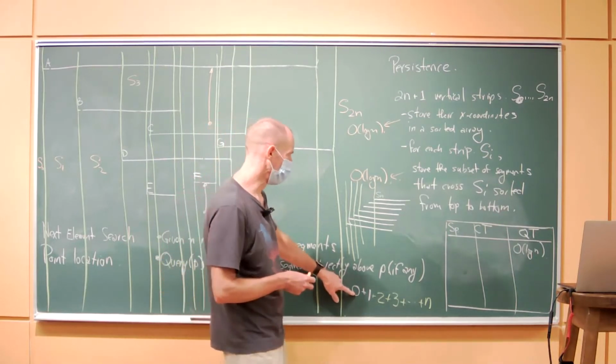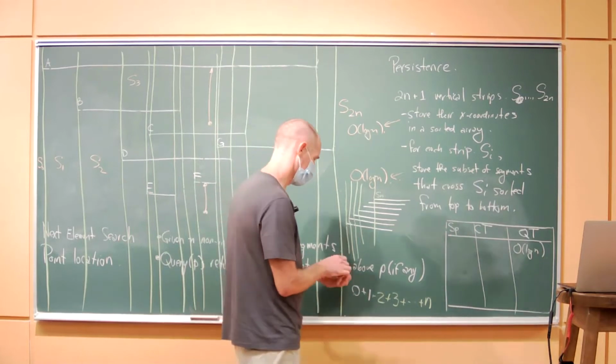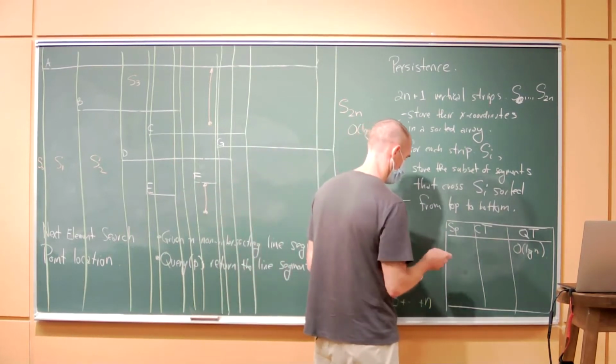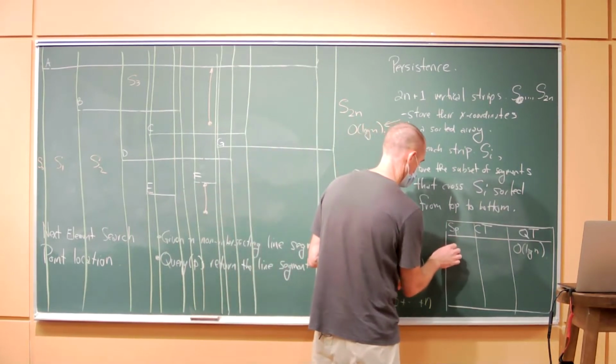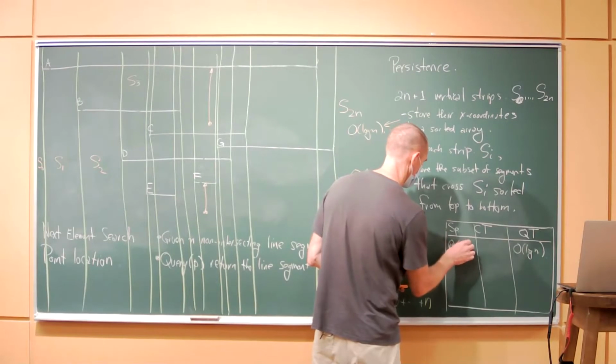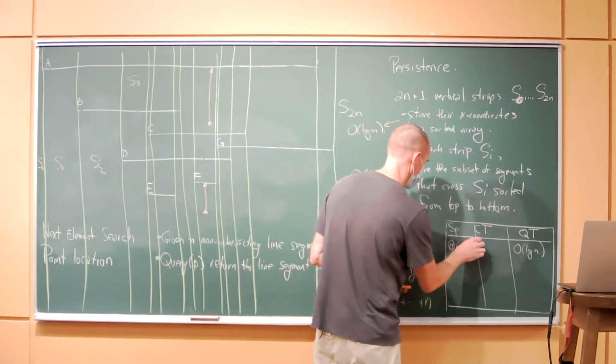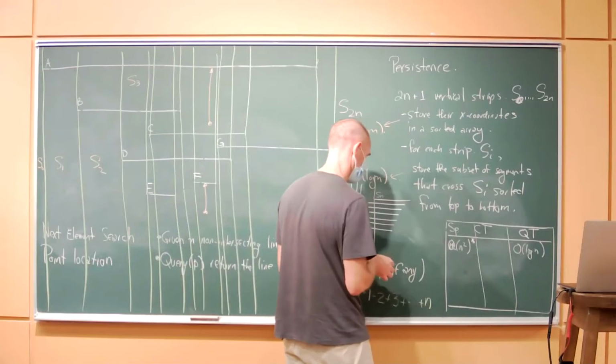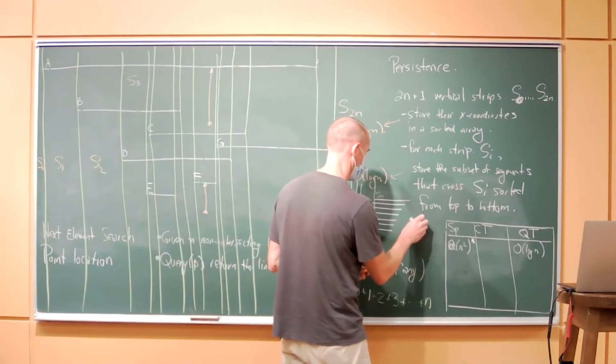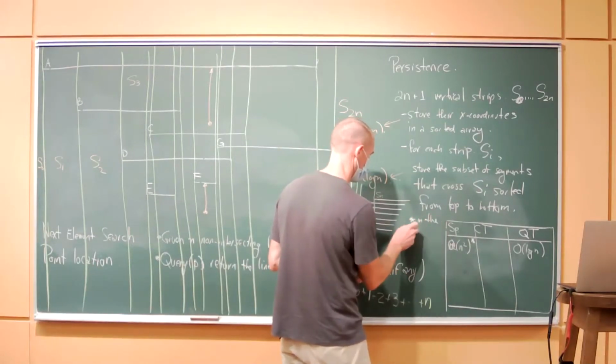So this is quadratic space, n squared space. So that is theta n squared with a little star. Star means in the worst case.